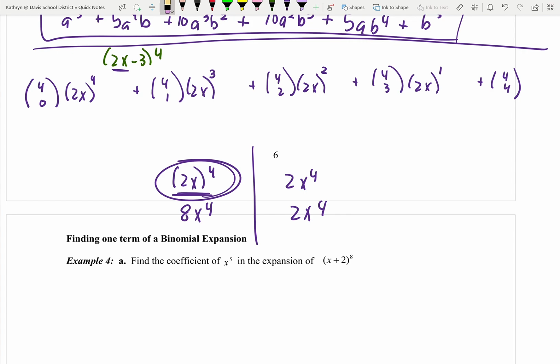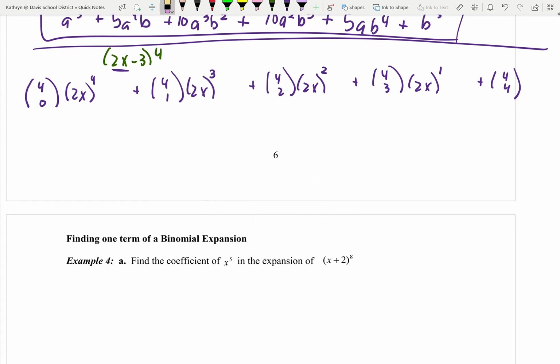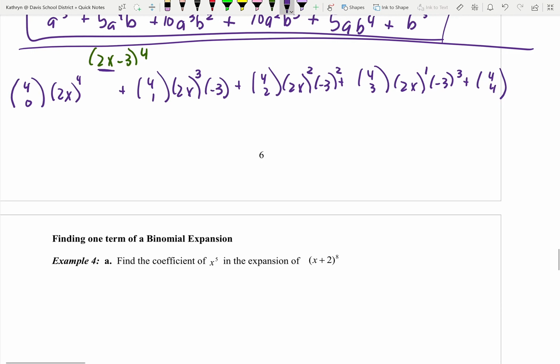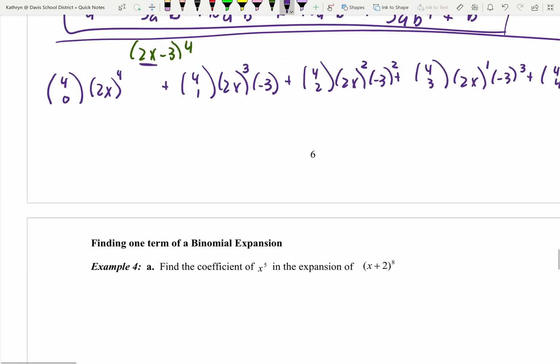So without a doubt, period, the biggest mess up, people don't put parentheses. Okay, let's do the -3. None. Then 1. And then 2. And then 3. And then 4.